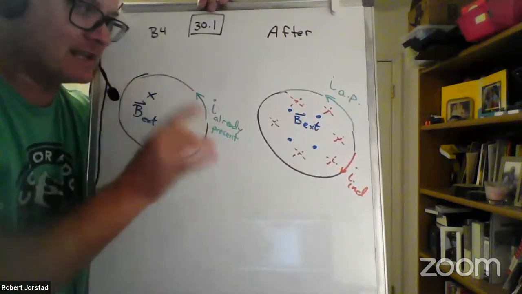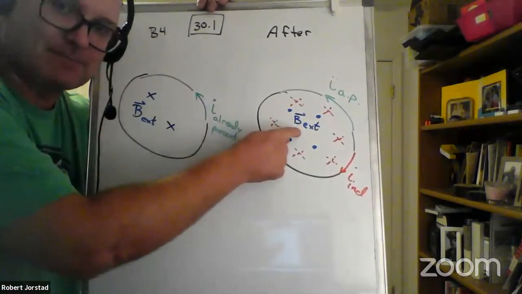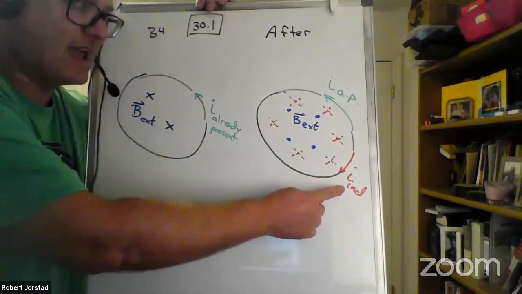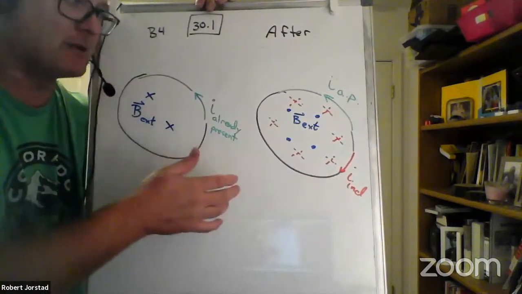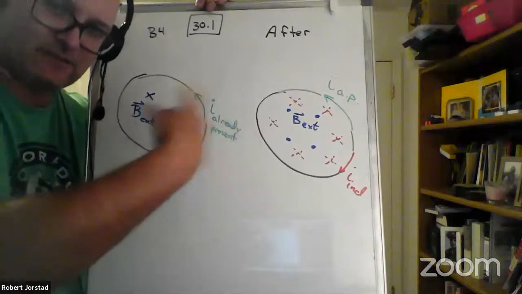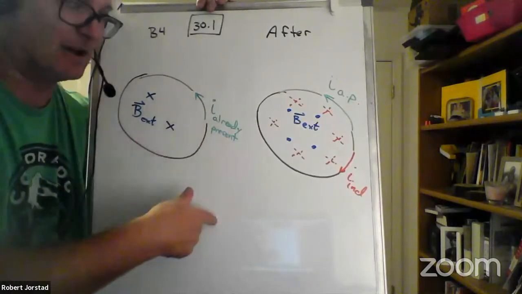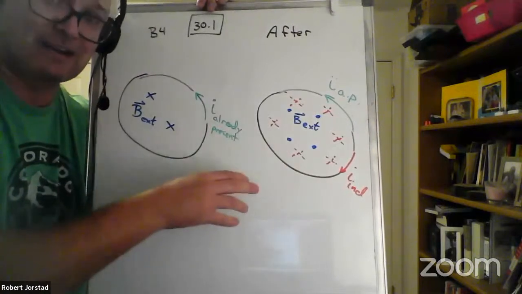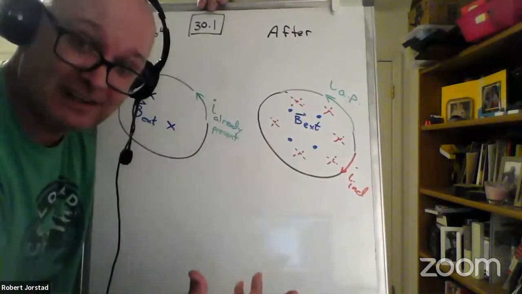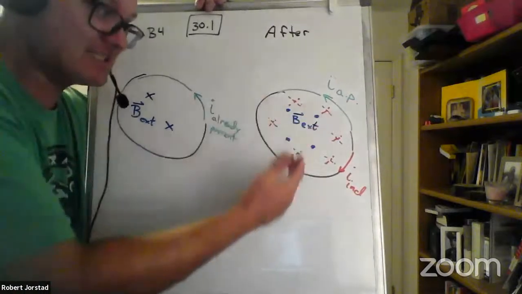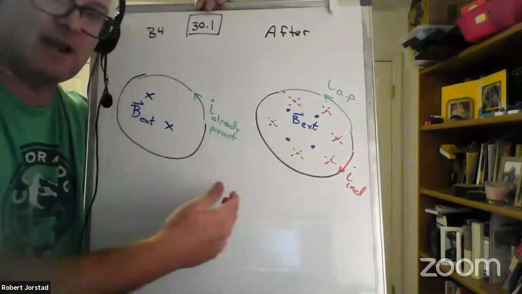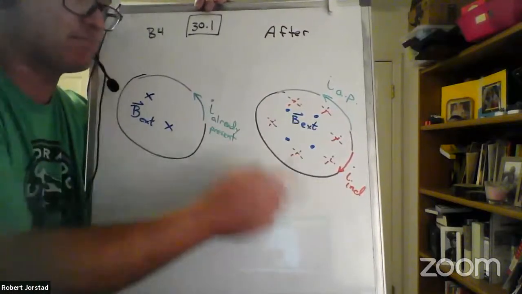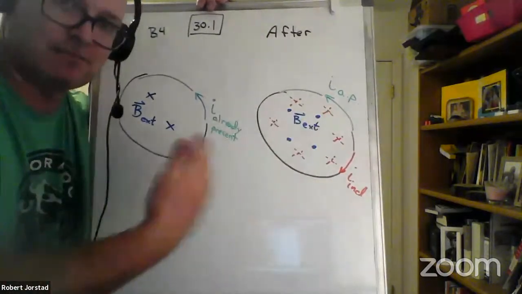But one of the things that happens is the faster it flips, the larger this induced current is, and you end up reaching some sort of equilibrium where the motor is trying to twist faster and faster. But as you do that, the motor itself acts like a generator, which opposes its own motion, and it limits the ultimate speed by creating back EMF, back voltage, or an induced current, which opposes the current that's trying to make the motor work.